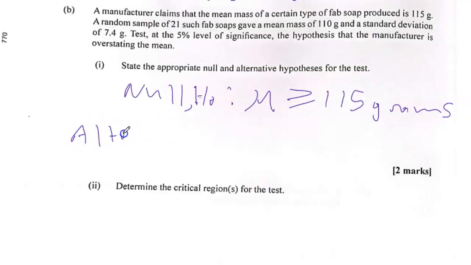It's actually overstated. So the alternate hypothesis, H subscript A, is the opposite of that. So we're saying the mean is being overstated. So he's claiming the mean is less than 115 grams.